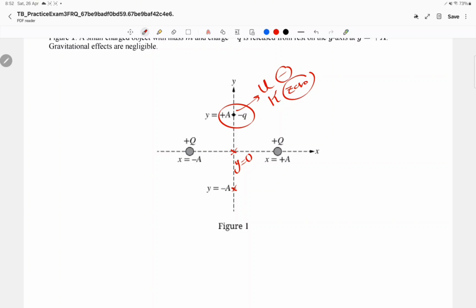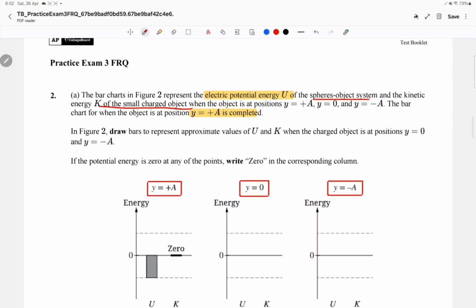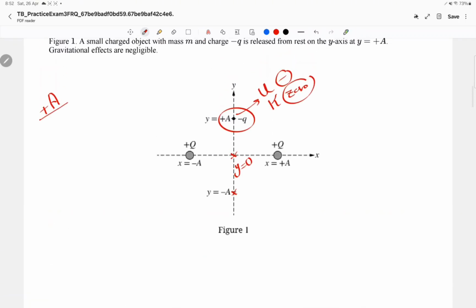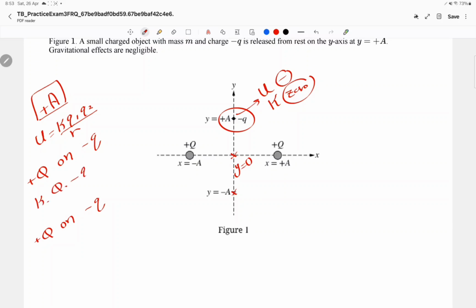So let's assess the u at position plus a to understand why it is currently negative. So we're going to say, now look, u is equal to k q1 q2 over r. So we're going to do plus q on the minus q. Then we're going to do the other plus q on the minus q. So k q1 q2 over r.